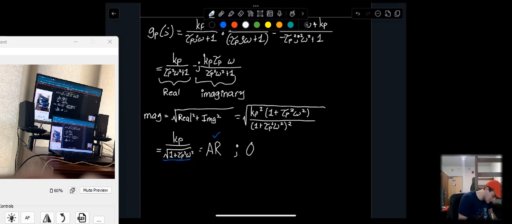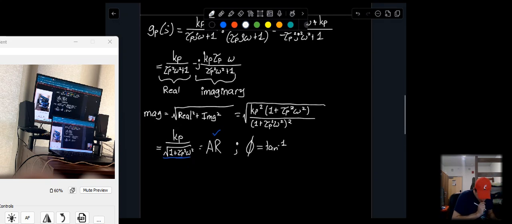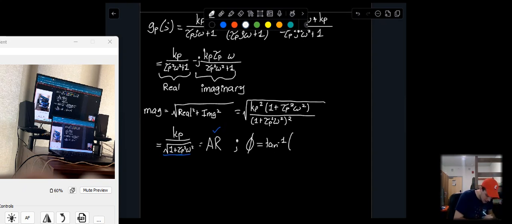Similarly, our phase angle, which we called phi, is going to be the inverse tangent of our imaginary component times 1 over our real component, which would be simply tau p squared omega squared plus 1 over kp.